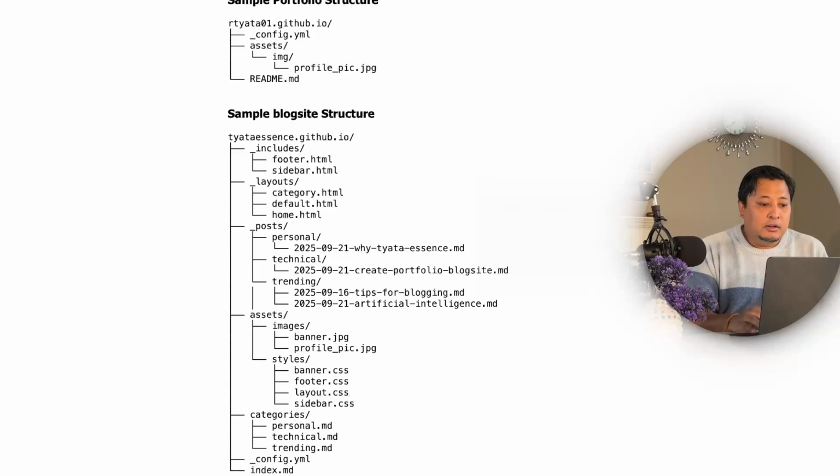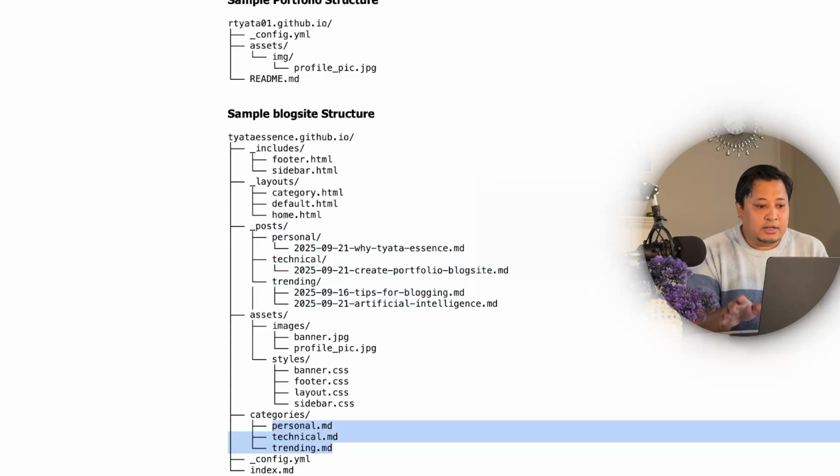But really, once you copy this structure, all you will be editing or maintaining in future is the topics and the posts under these. In this case, I have highlighted 3 topics: personal, technical, and trending, each with its own sample. And for these categories, if you want to describe more detail, I have created a separate Markdown file to describe them in detail.